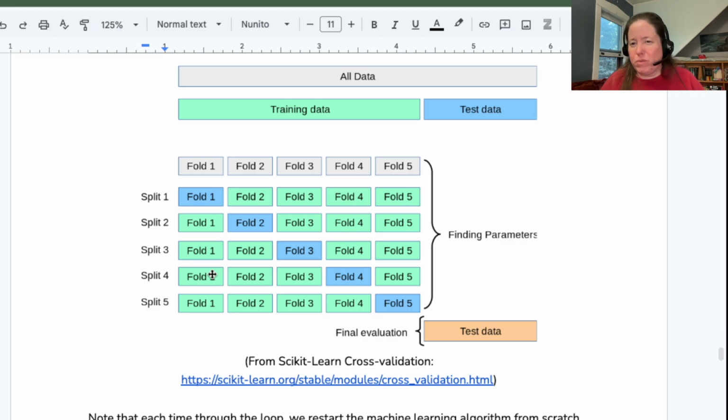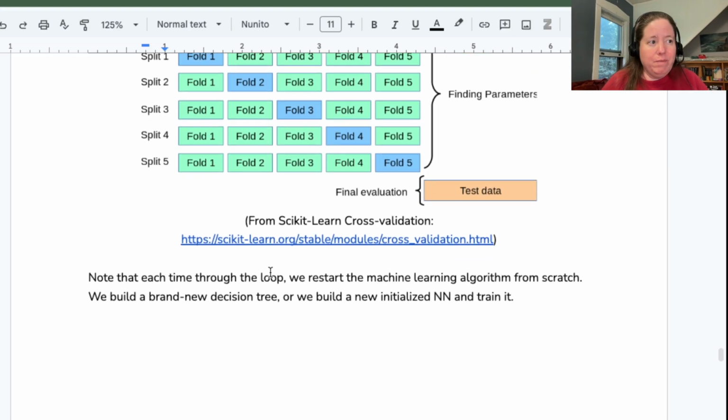Are they close to each other? Do they have close to the same accuracy, close to the same precision and recall? That will tell us that the model we're creating is actually valid. It's actually doing the same thing. There's not any peculiarity of how we split the data that is manipulating the results that we're getting. So that's cross-fold validation.